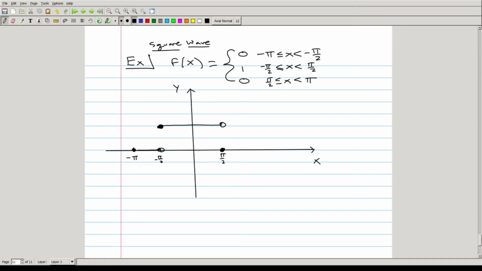And then it's 0 from pi over 2 to positive pi.